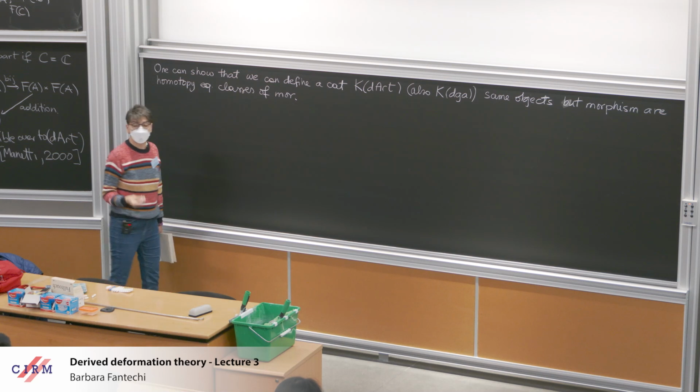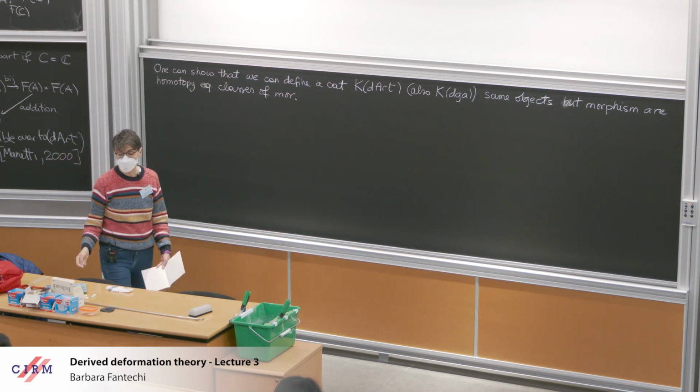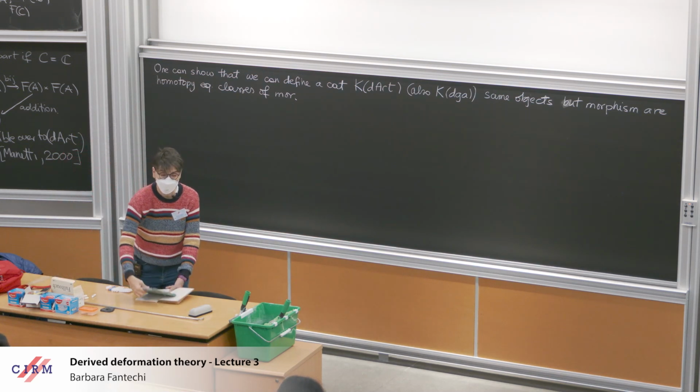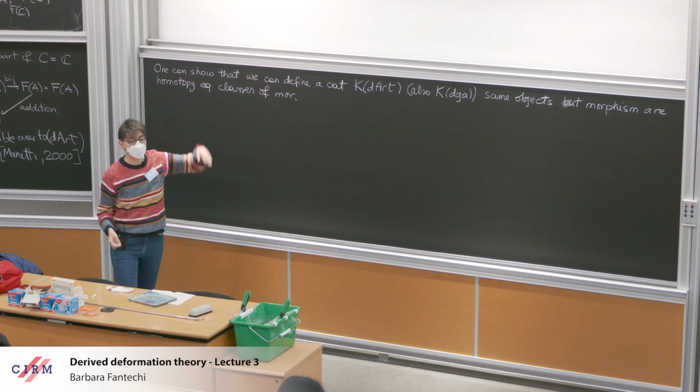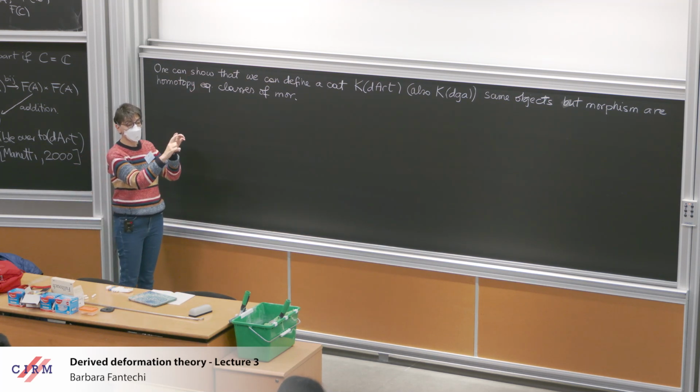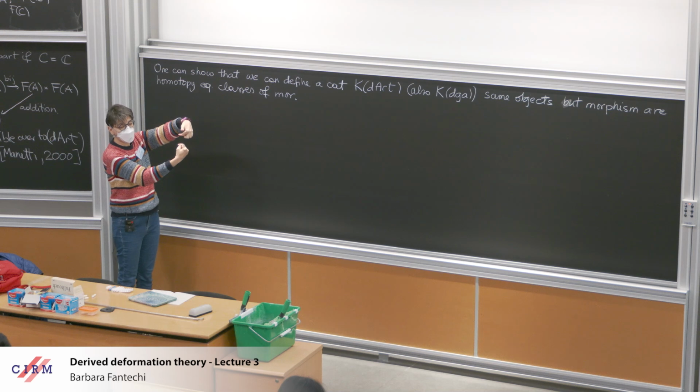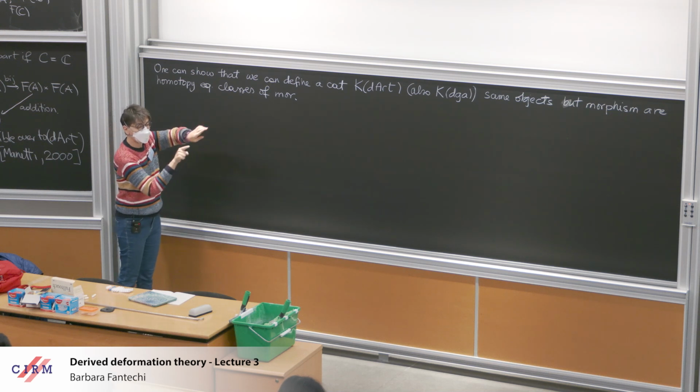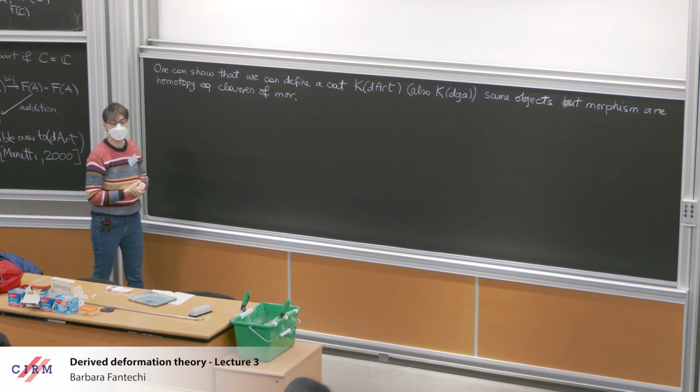And when I say we can define, it means we basically have to repeat the proof we know in the topology case to show that if two maps are homotopic and we compose them with another two maps which are homotopic, then also the compositions are homotopic.